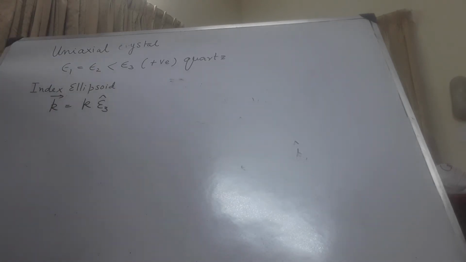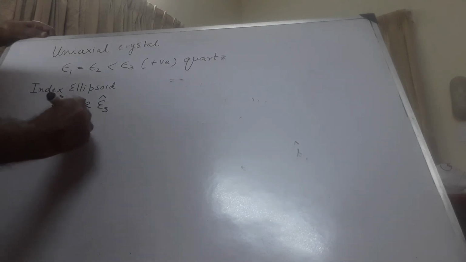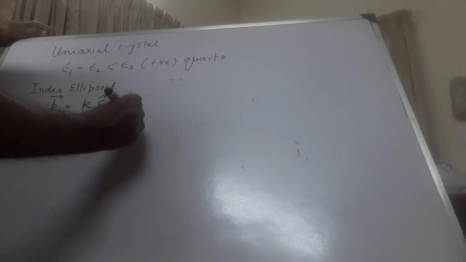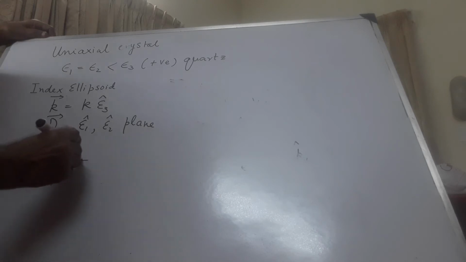If k is along epsilon 3, then D must be in the epsilon 1, epsilon 2 plane. And if I plot the index ellipsoid in that plane, that is a perfect circle.